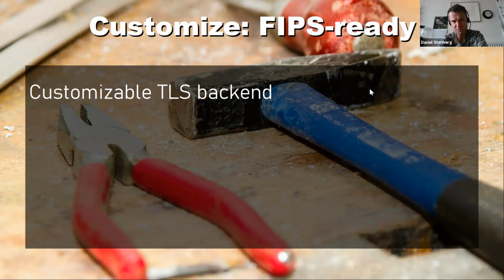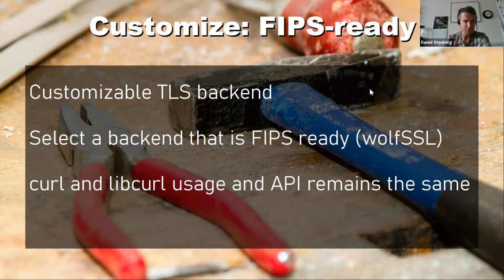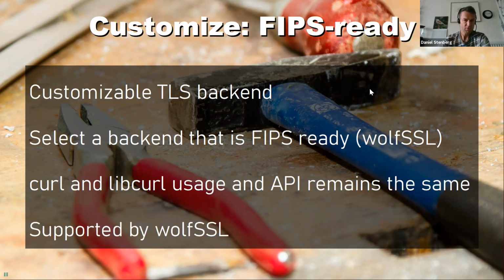I think we support 13 different ones, basically all the popular TLS libraries, and wolfSSL is one of them. And as wolfSSL is FIPS ready, you could go with that and get a FIPS ready cURL solution. And of course, the API and how you use cURL still remains the same. It is the same API, and you would write your applications using this API the exact same way. And we support this, of course, at wolfSSL.